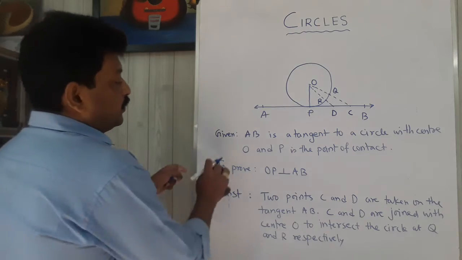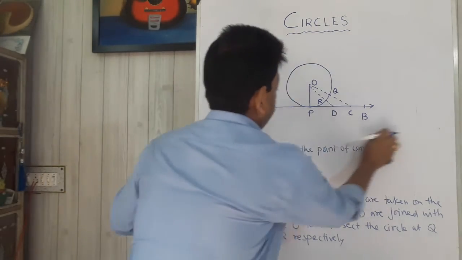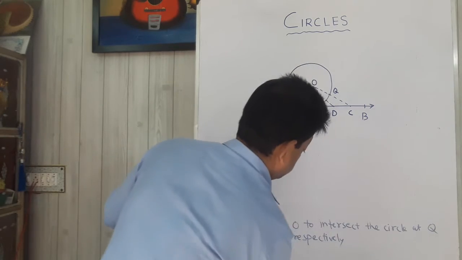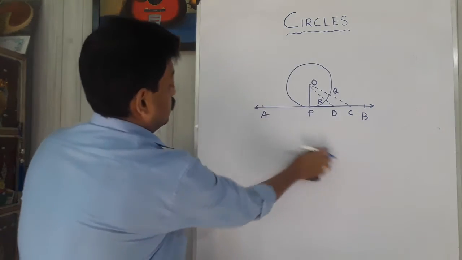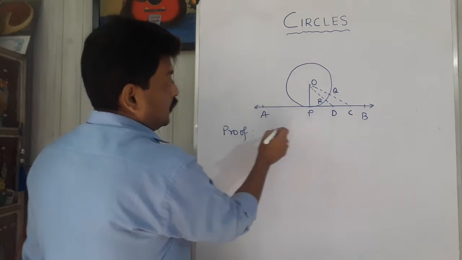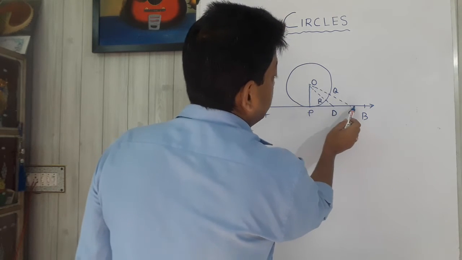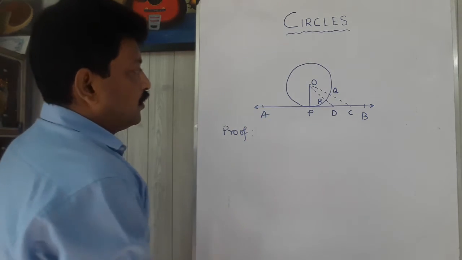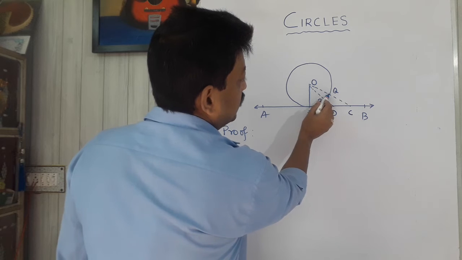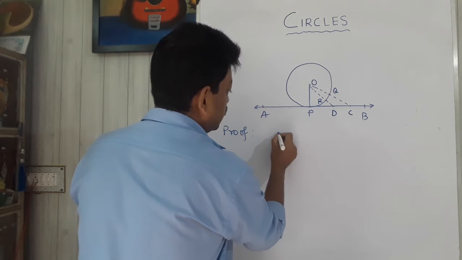So let me erase the whole thing. Proof. Take triangle OPC. Here you can see that Q lies on OC.